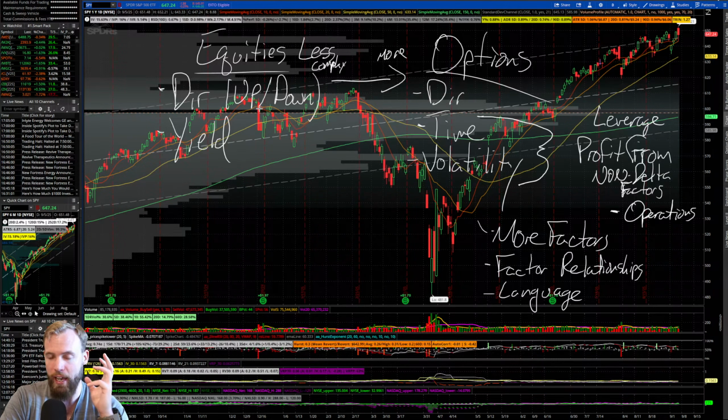Even if you have an equity that pays a yield, more often than not, you will make more money on price appreciation of most commensurate tickers than anything else. That's not to say there's no use case for yield. There absolutely is. I'm actually in the process of reconfiguring part of my portfolio for exposure to qualified yields, which is a whole other purpose for that. So this isn't saying this is bad, but this is saying that most of the money that you're going to make in equities is from this bucket versus this bucket.